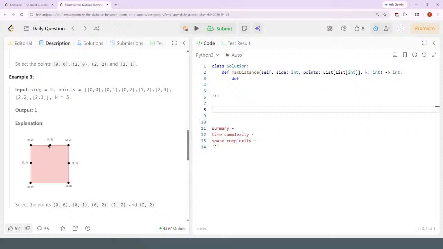But the point could still be closer to another point on a different side than it is to the remaining point. So like if this was over here, this point here would be closer to this point than this point.